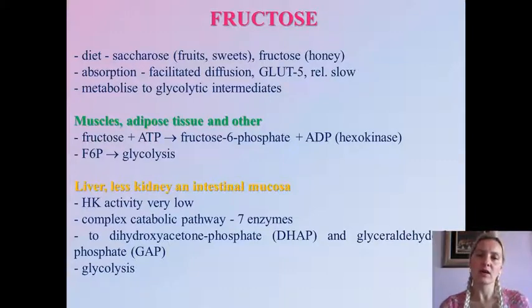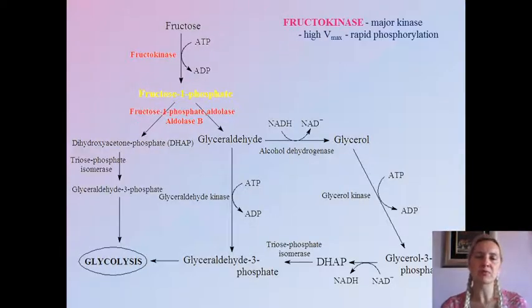So it undergoes a more complex catabolic pathway containing 7 enzymatic reactions. As a result of this pathway, fructose is converted to dihydroxyacetone phosphate and glyceraldehyde 3-phosphate, both of them intermediates of the glycolytic pathway. So this is the figure representing the catabolism of fructose in liver cells.